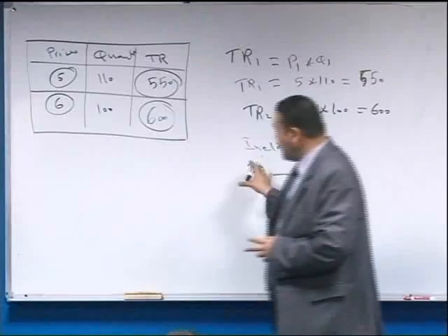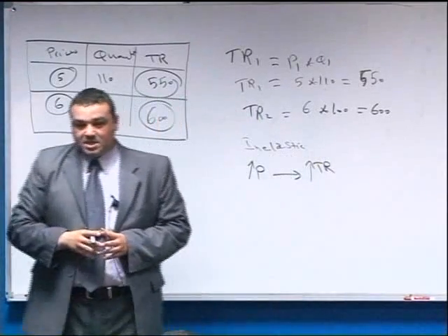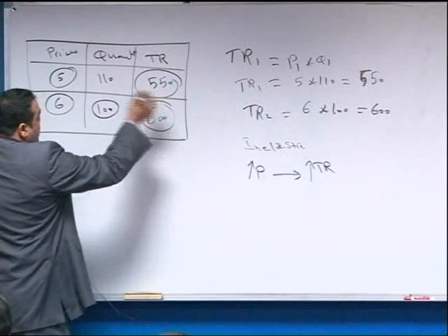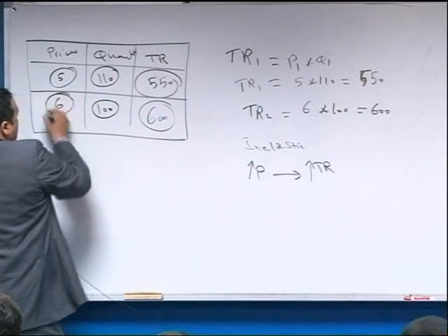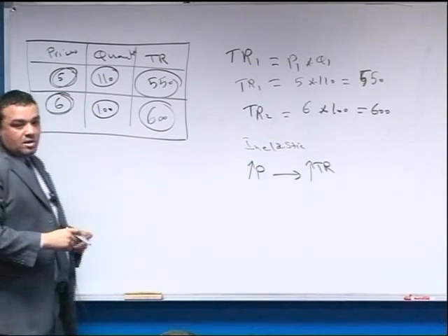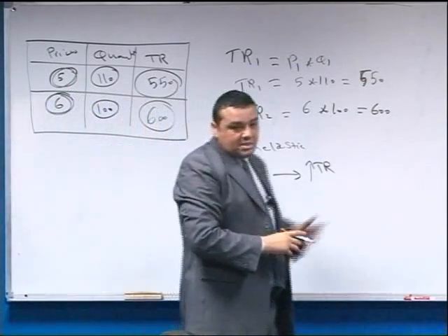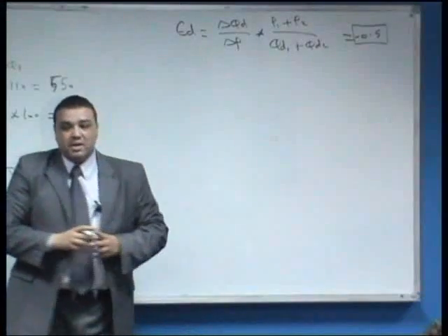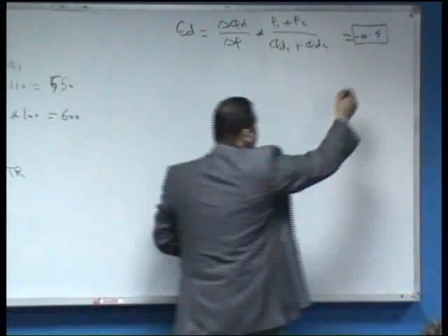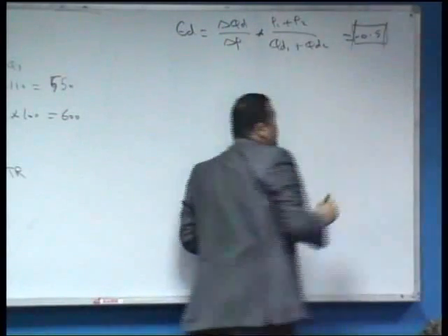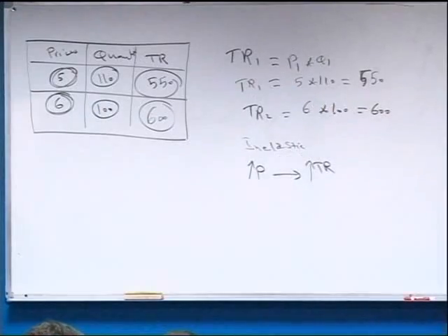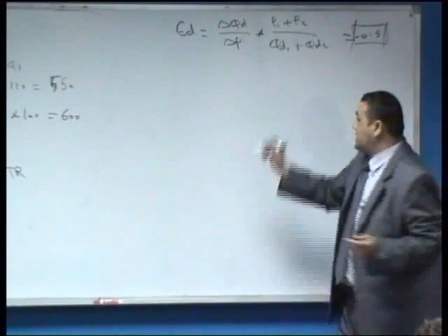So the demand is inelastic, right? QD2 minus QD1 over P2 minus P1 times the summation of the prices over the summation of the quantity demanded. It directly gives us minus half, right? So the absolute value of the price elasticity of demand is smaller than 1, so the demand is inelastic.